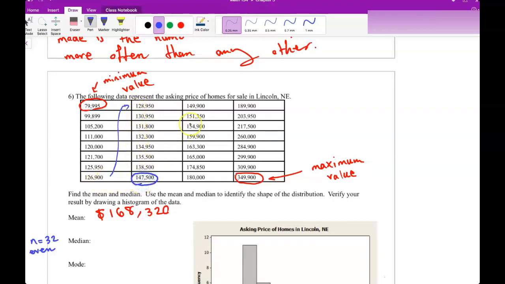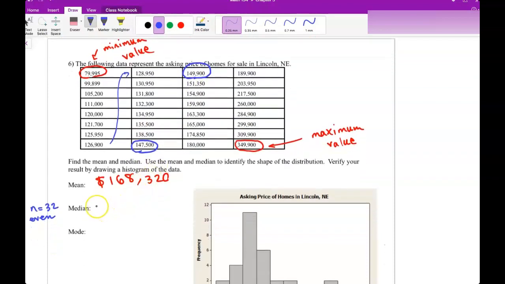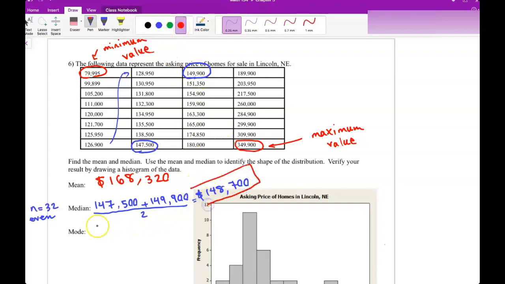So what's in between is this one and this one. Median is 147,100 plus 149,900. Adding these two, divide by 2. And that's equal to 148,700. So this is the median.